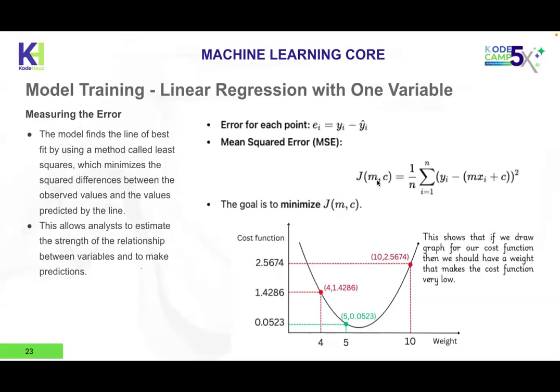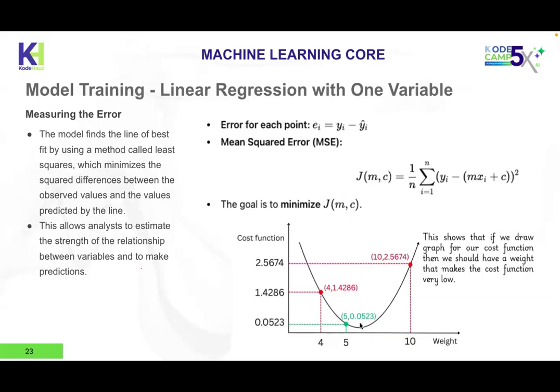Now your goal is you want to train this model so that you minimize this total error as measured by the mean square error or any other cost function that you choose. So to minimize this, right, you will now adjust the parameters in the model, in this case, the M and the C. And if you were to plot a graph as you are adjusting the M and the C, which in this case are the weights, you would see that the error drops up to a certain point.